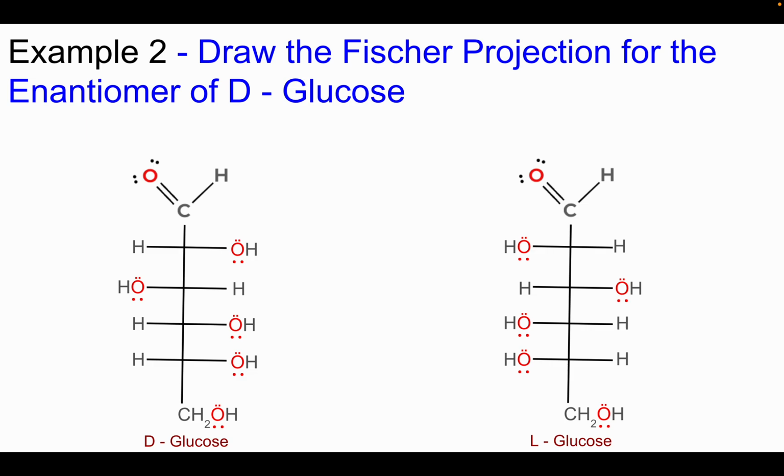This is going to be important for the assignment that you do today, because I am actually going to have you name the sugars. So when you draw the enantiomer of a sugar, they have the same name. You just change the configuration from D to L or vice versa.